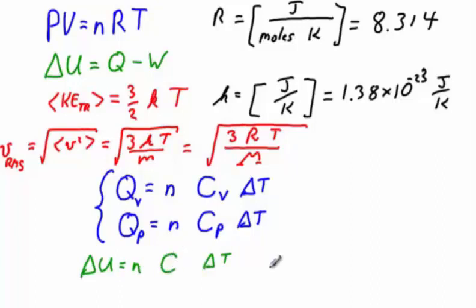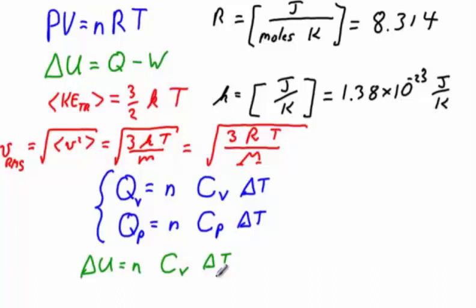As it turns out, the case where ΔU and Q have the same amount is when W is 0. W is 0 when the volume doesn't change, and so even though the V on C capital V came associated with a heat formula, it is in fact the proper proportionality constant between a change in internal energy and a change in temperature, regardless of whether you keep the volume constant or not.